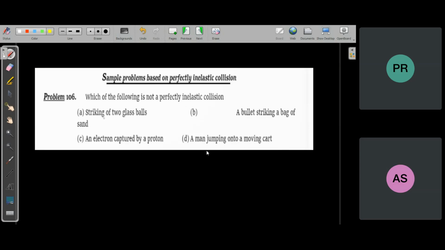Sir, here we cannot define; it depends upon velocities and everything. No, it does not depend on velocity.